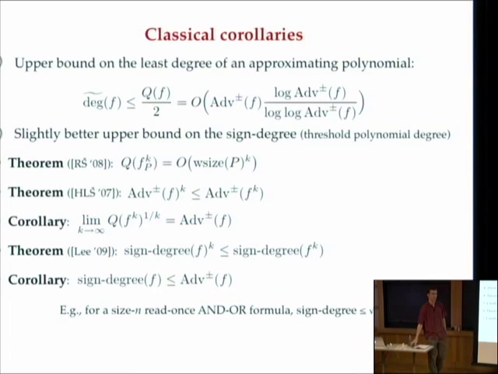Offense to Troy, but isn't it Cherstow? Cherstow's result proves that the sign degree is multiplicative. Maybe it's a different notion of multiplicativity.